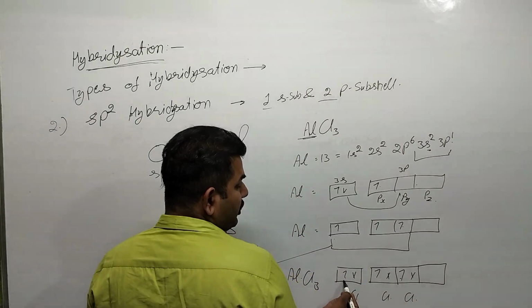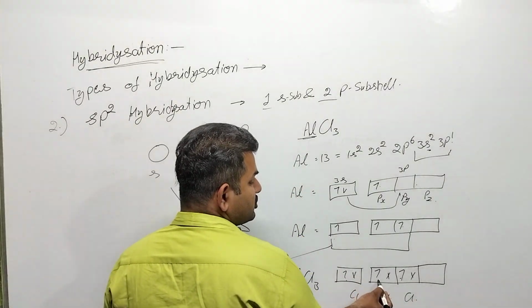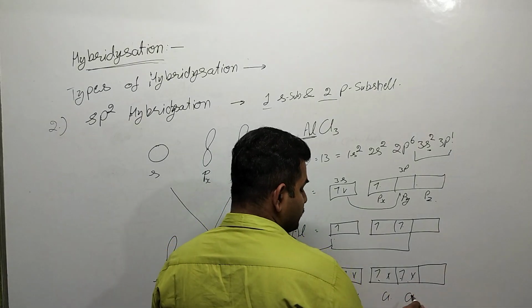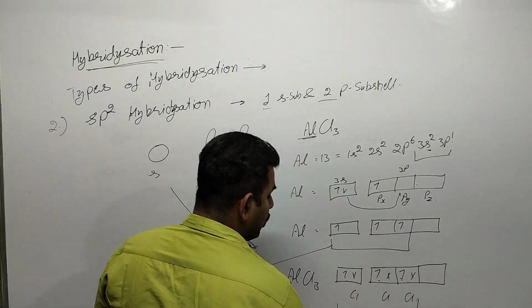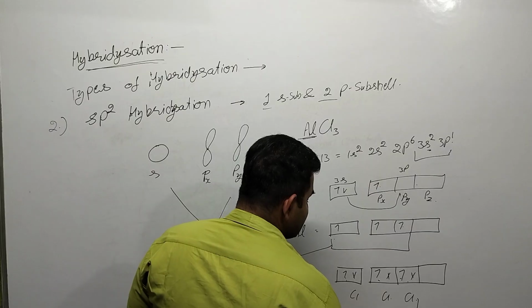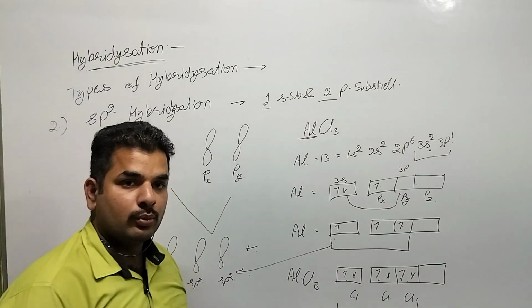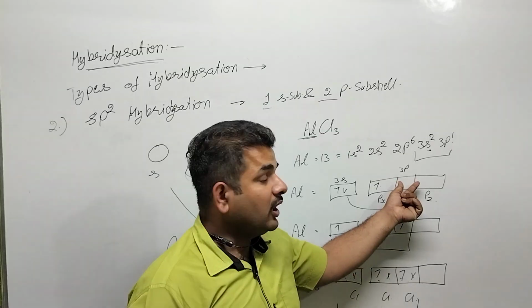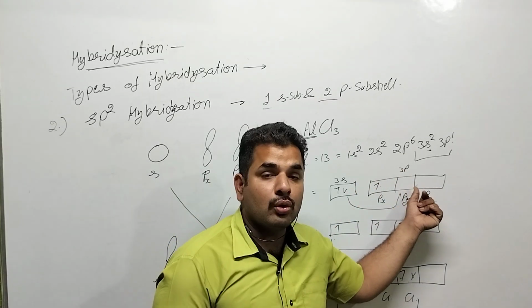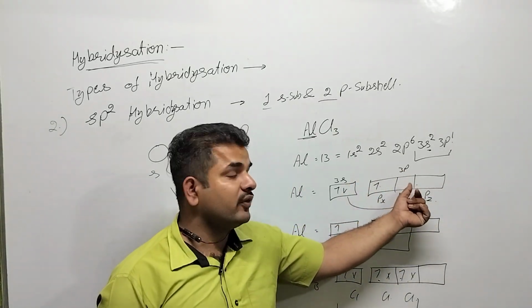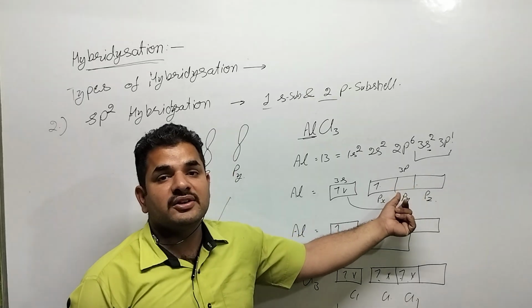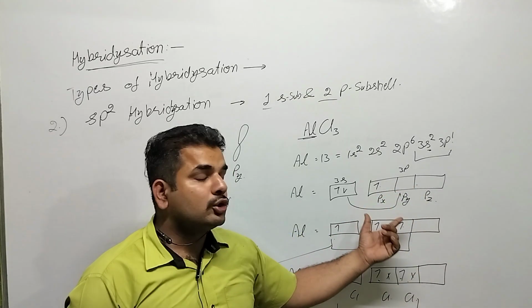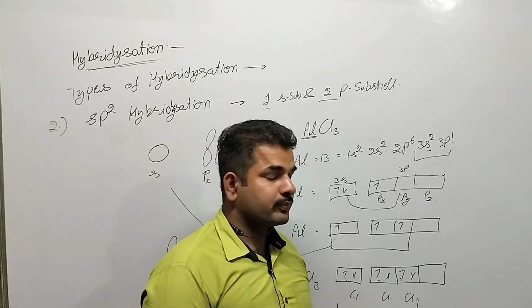This is a hybrid orbital, that is sp2, this is also sp2, and this is also sp2. So all three orbitals are sp2 hybrid orbitals. Here we can see this is a vacant orbital, but due to the transfer of an electron to a higher energy level, it is also included in the hybridization.